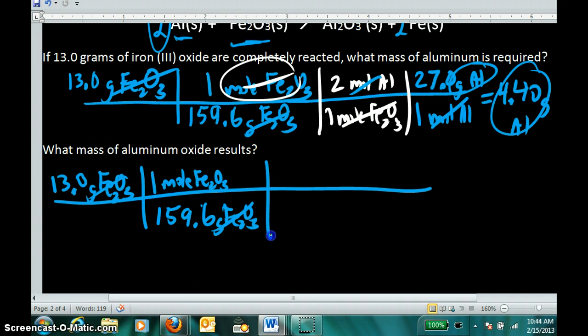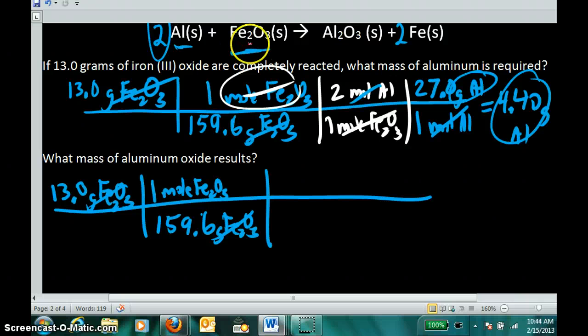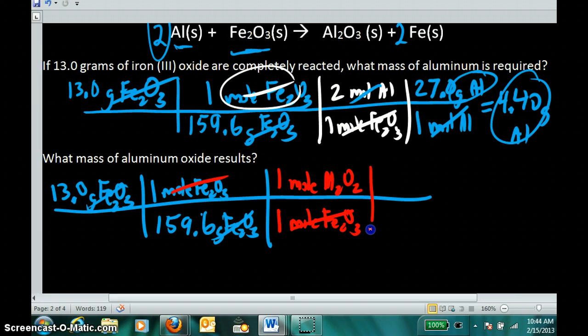The only difference here is my stoichiometric ratio is going to be different because it's a 1-to-1 ratio between the iron 3 oxide and the aluminum oxide. So yes, 1 mole of iron oxide being consumed results in the production of 1 mole of aluminum oxide. Moles of iron 3 oxide cancel and are replaced by moles of aluminum oxide.